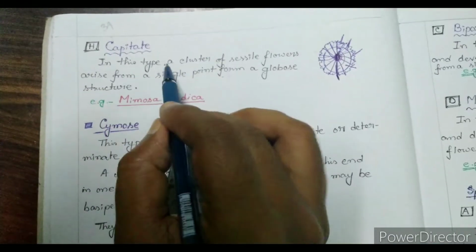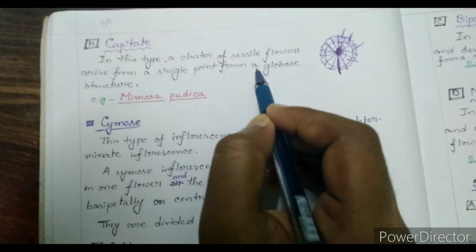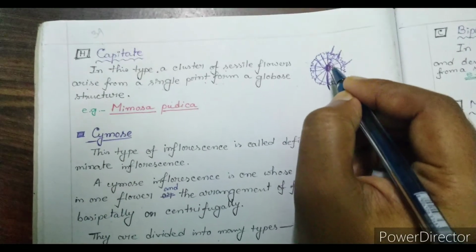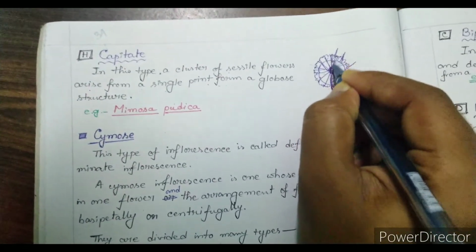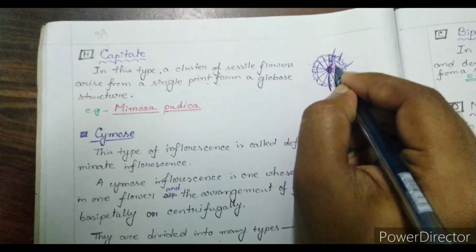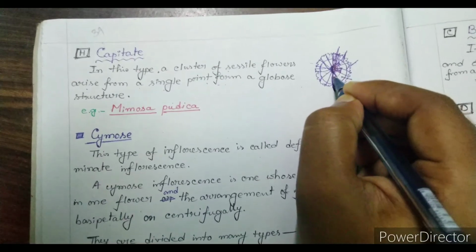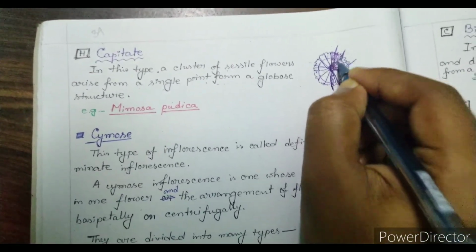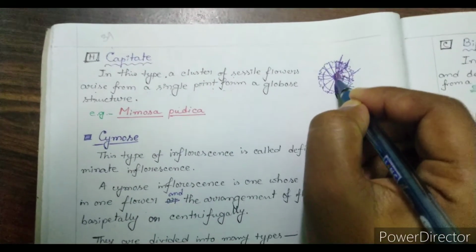In this type, a cluster of sessile flowers arises from a single point and forms a globose structure, meaning a round structure. A cluster means a unit of sessile flowers developed from a single point.